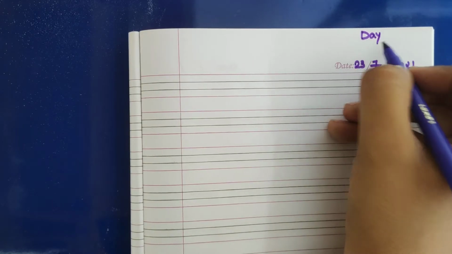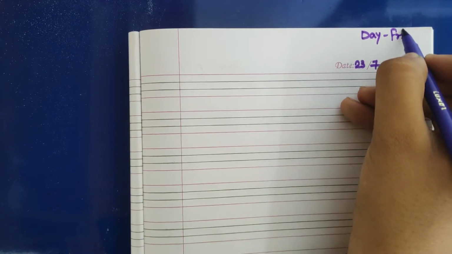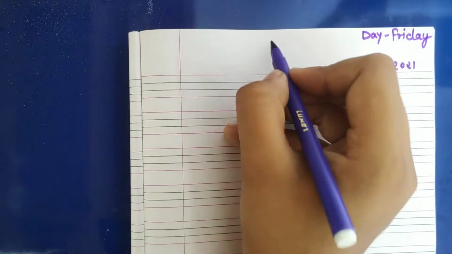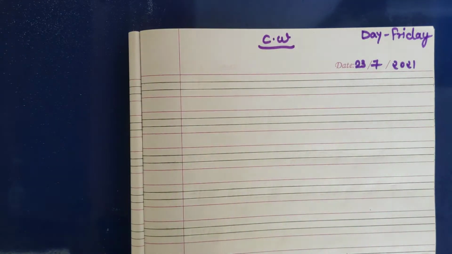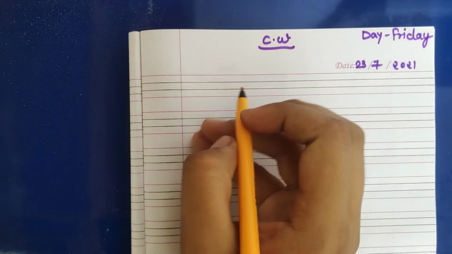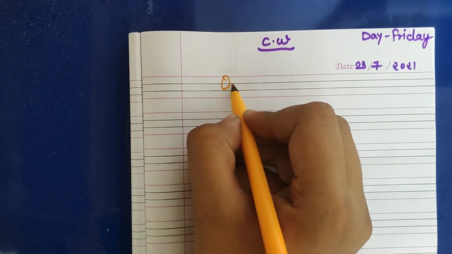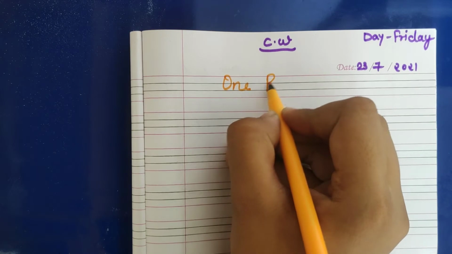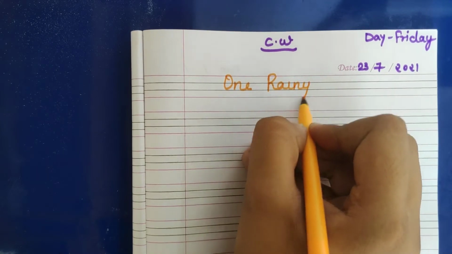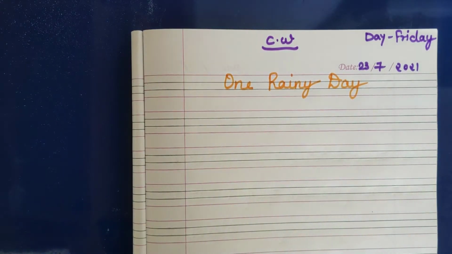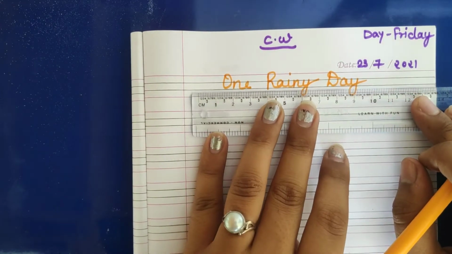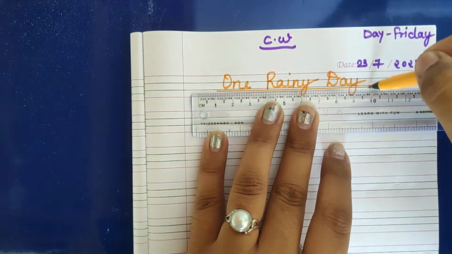Day, Friday, and write down the class work. Now write down the chapter name, which is One Rainy Day. Now underline this, One Rainy Day.